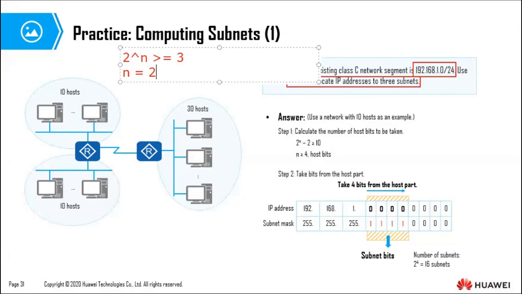So n here is the number of bits that we are going to convert from host bits to network bits. Are you getting the point? So it simply means that in order to get 3 subnets, we must borrow 2 host bits and convert them into network bits.